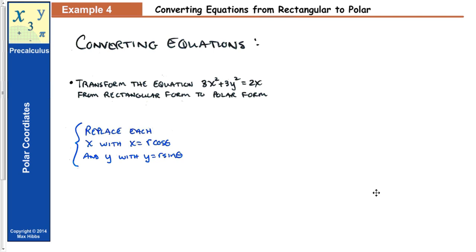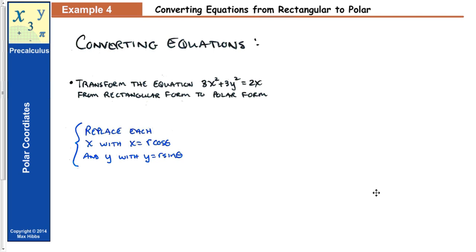So we can get rid of all the x's and y's and just have r's and thetas left over. Taking a rectangular point and converting it to polar form was rather difficult, but taking a rectangular equation and converting it to a polar equation is relatively simple.